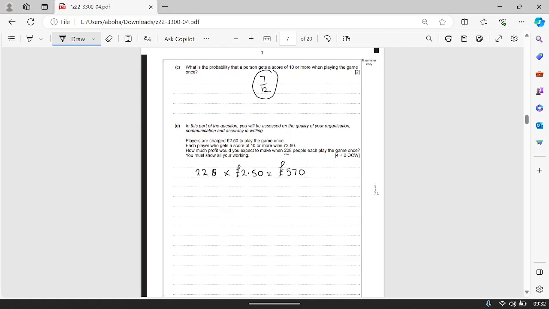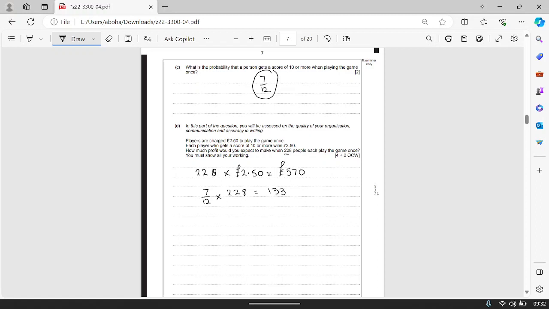So now we need to work out, okay, we've taken that much money, so how much are we going to pay out? We know the probability of winning is 7 over 12. So 7 over 12 multiplied by the total amount of people playing, 228. Putting that on your calculator will give you 133 people.